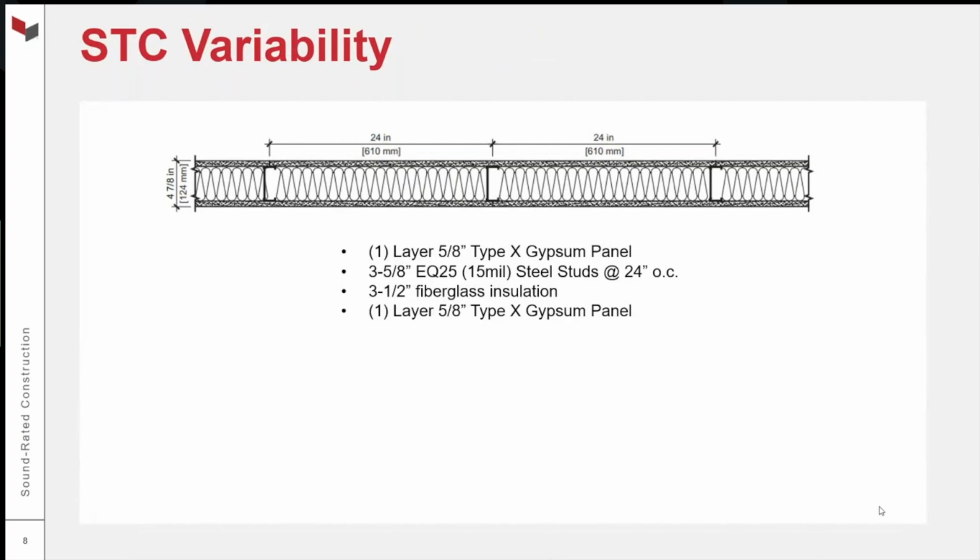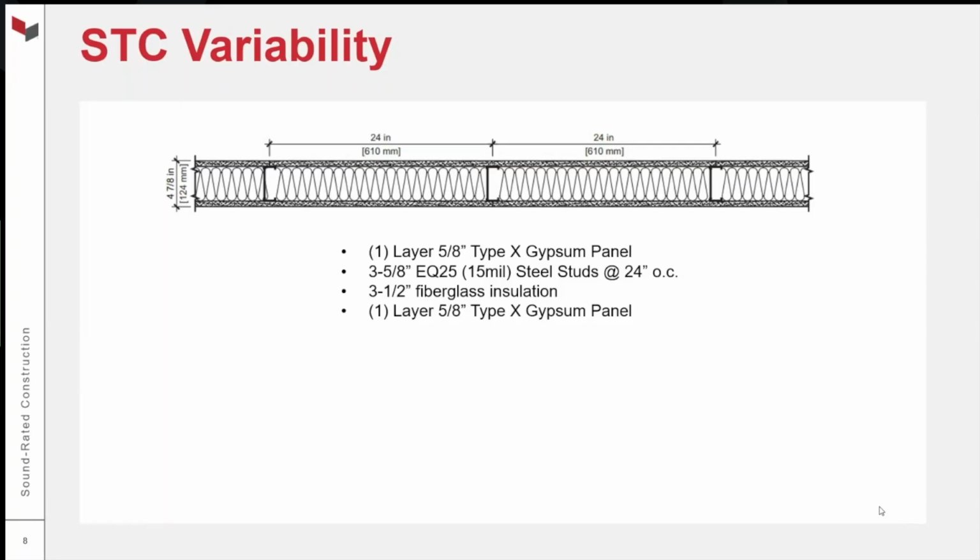On the screen here is a very simple non-load bearing, what we call a 1 hour fire rated wall. A single layer of 5/8 type X on both sides of EQ25 steel studs, 24 inches on center, with fiberglass cavity insulation. About 2 years ago, there was an ASTM round robin.